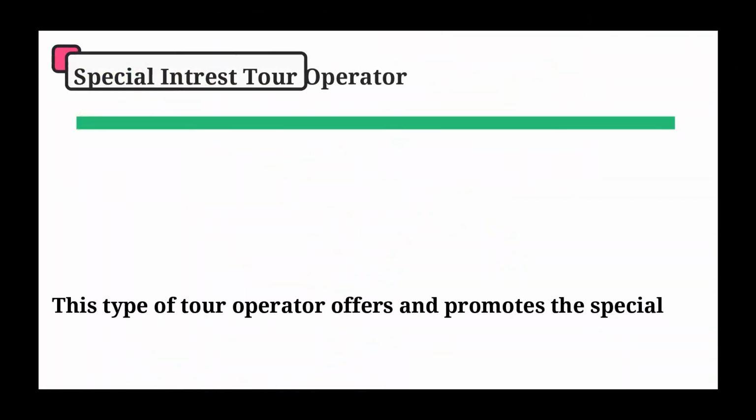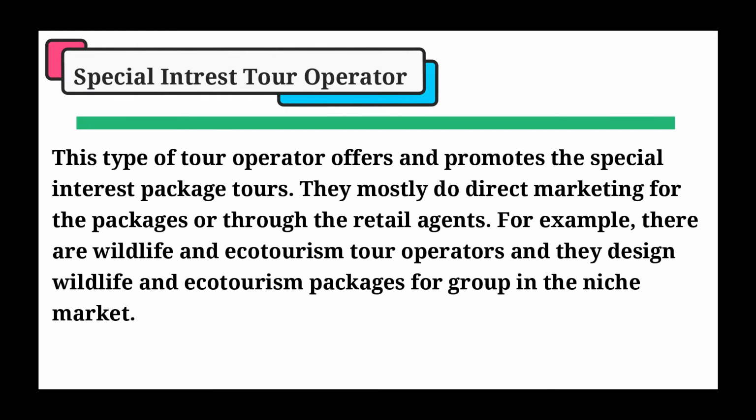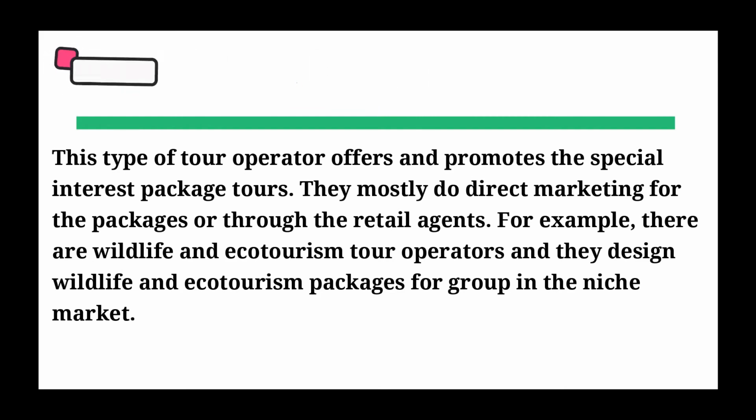Special interest tour operator. This type of tour operator offers and promotes special interest package tours. They mostly do direct marketing for the package tours or through the retail travel agents. For example, there are wildlife and ecotourism tour operators and they design wildlife and ecotourism packages for groups in the niche market.